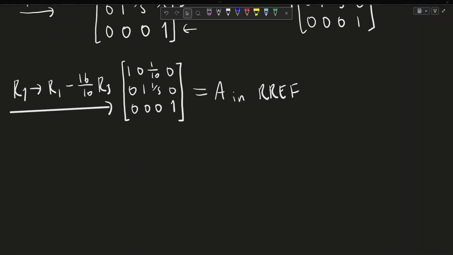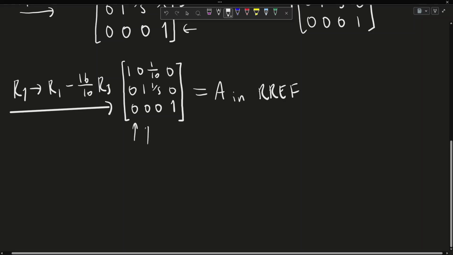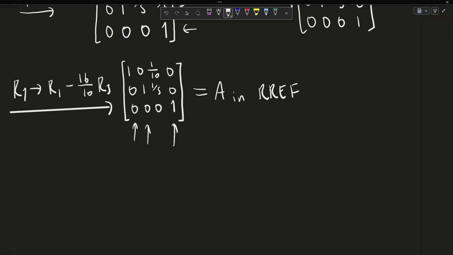Now that we have our matrix in reduced row echelon form, we can identify basic variables, or leading variables, and free variables. Leading variables are any column that has a pivot. So these columns are all leading variables.